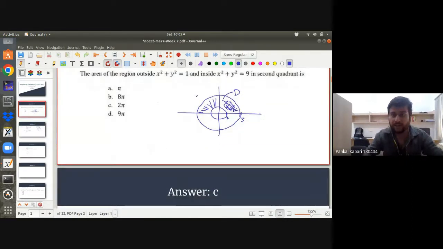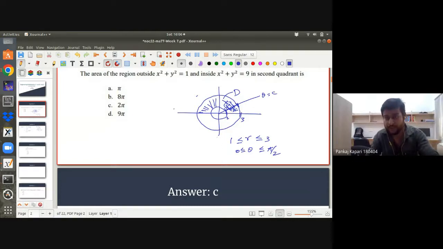Note that if you fix an angle theta, let's say theta equal to constant, the value of r varies between 1 and 3, right? From this point up to this point. So r varies from 1 to 3, and theta varies from 0 to pi by 2.